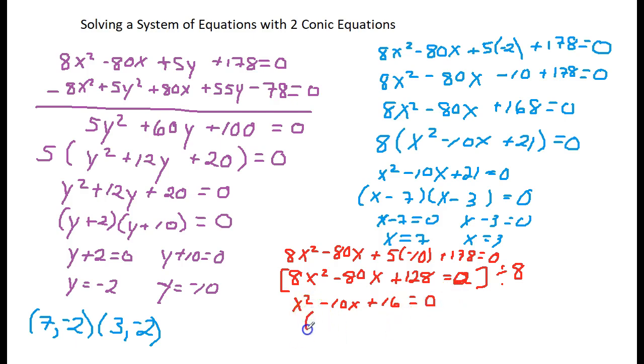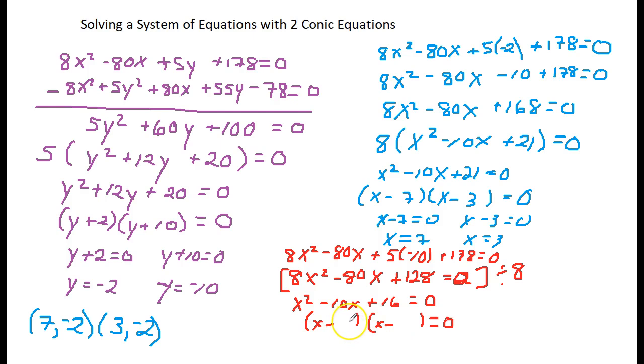Okay, factor. So I have an x and an x. Numbers that multiply to 16, but when you add them, you get 10. Well, they got to multiply to give you a positive 16. So that means they both have to have the same sign. They have to add to a negative 10, so both are minus.